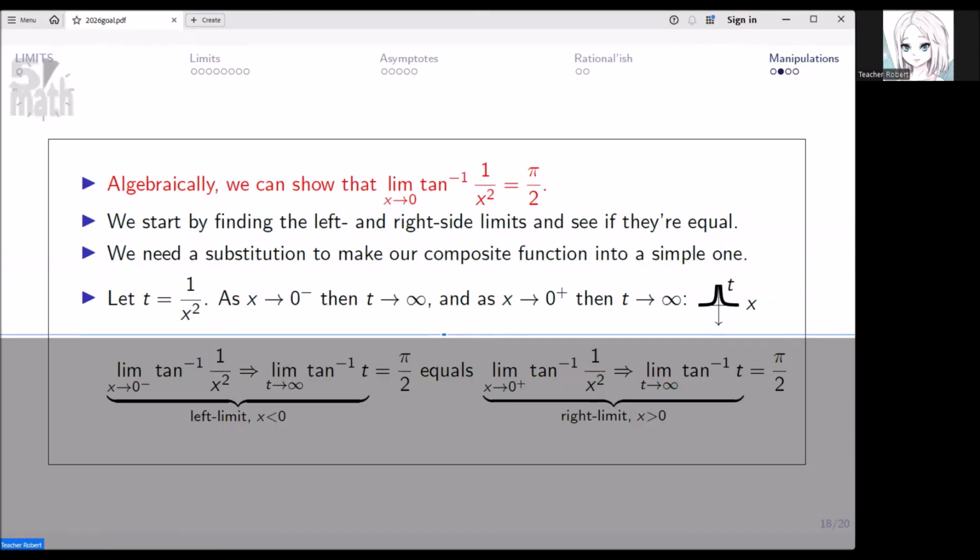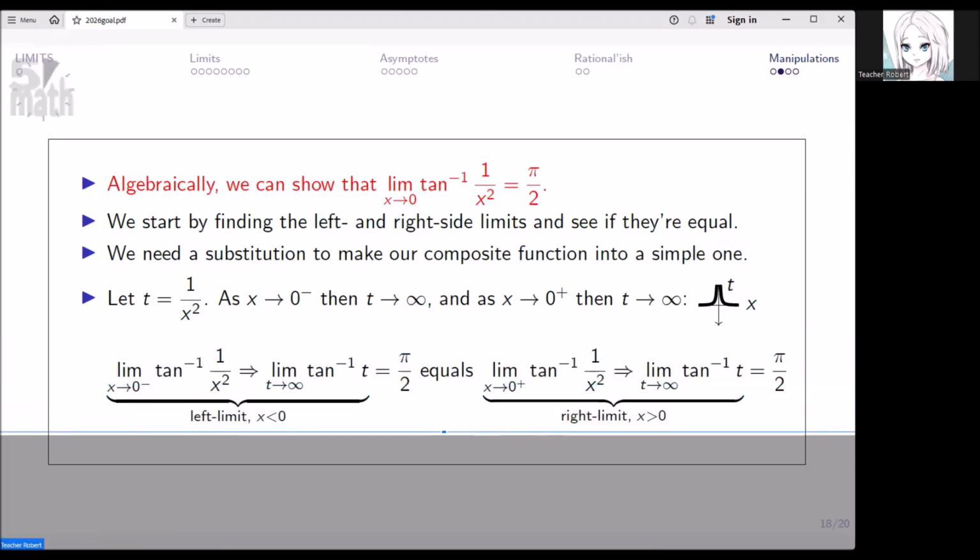And as x approaches 0 from the positive, then t approaches infinity. Limit as x approaches 0 from the negative of arctan of 1 over x squared becomes limit as t approaches infinity of arctan of t equals pi over 2, which equals limit as x approaches 0 from the positive of arctan of 1 over x squared, which becomes limit as t approaches infinity of arctan of t equals pi over 2.